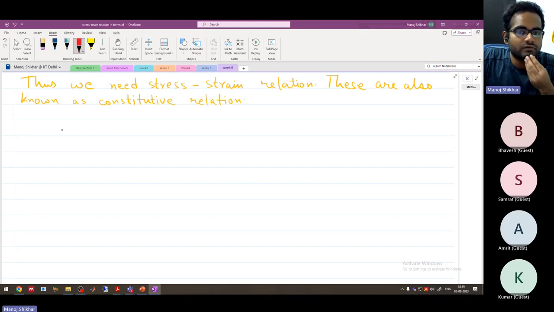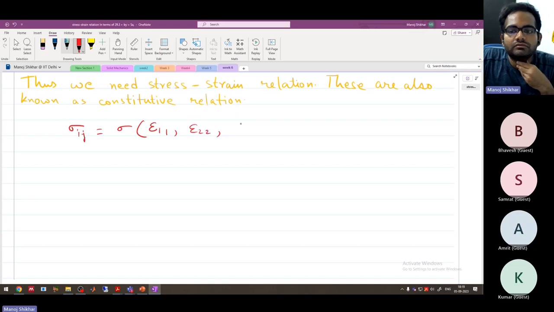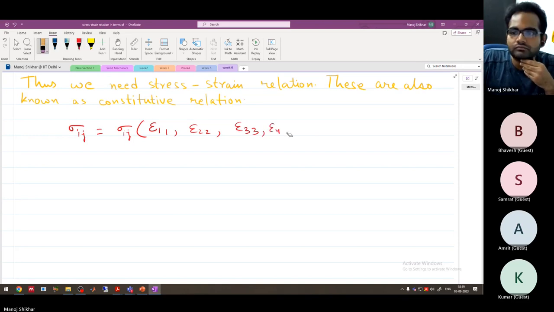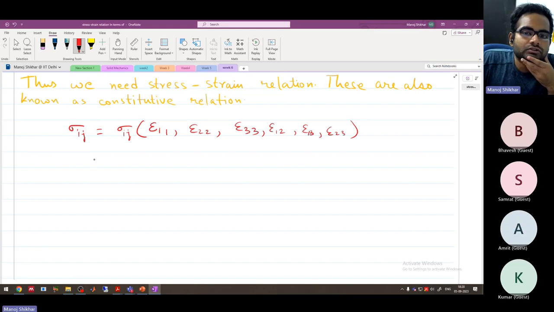So for example, just for the sake of introduction, we can write sigma is equal to function of epsilon 1, epsilon 2, epsilon 3. So in general, this can be all sorts of function.